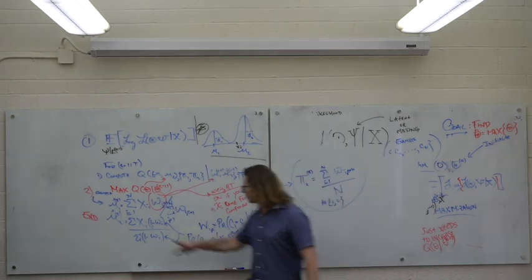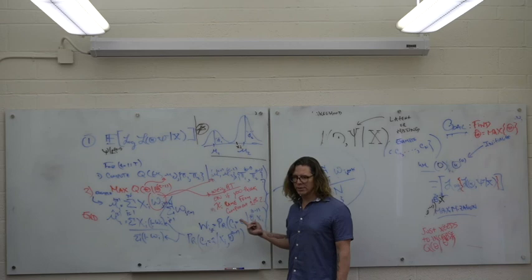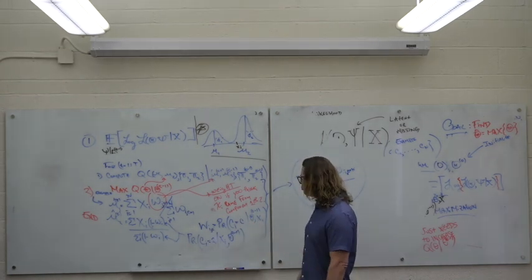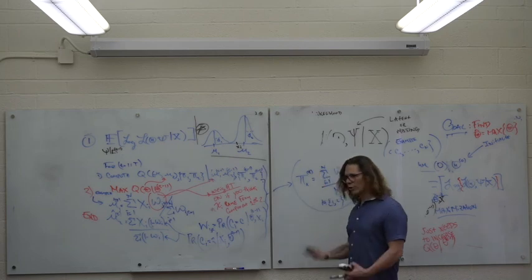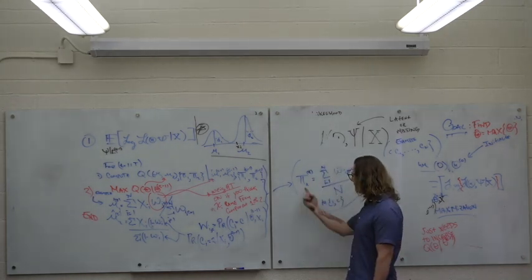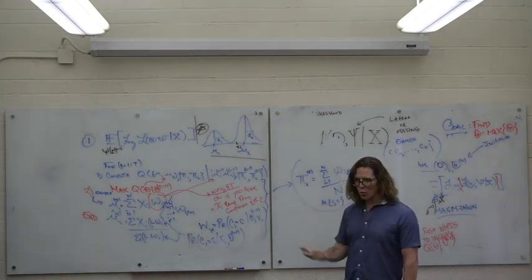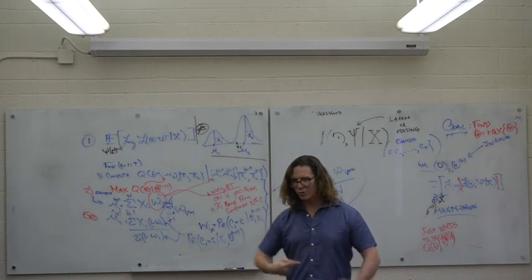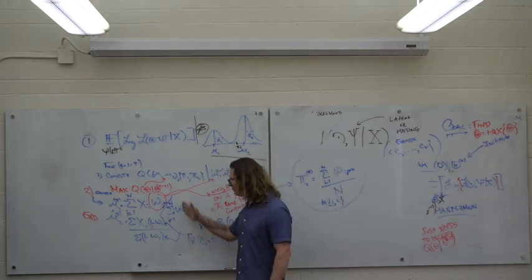Well, given our answer at the last step, we plug those in, we get new probabilities that we update. Given those new probabilities, we compute new averages. You don't actually have to do the second average right here because I know whatever this is when k is equal to 1, I know what both of them sum up to. So you don't have to compute the second one. You have to compute both of these though.